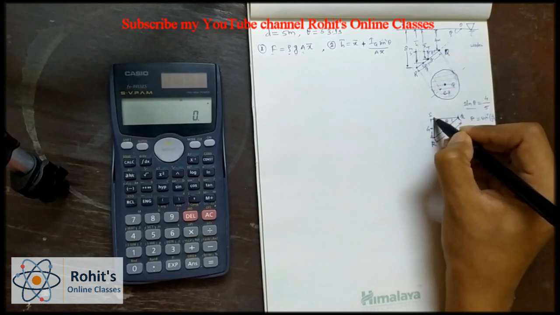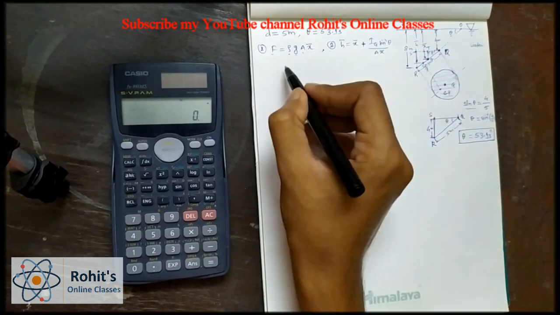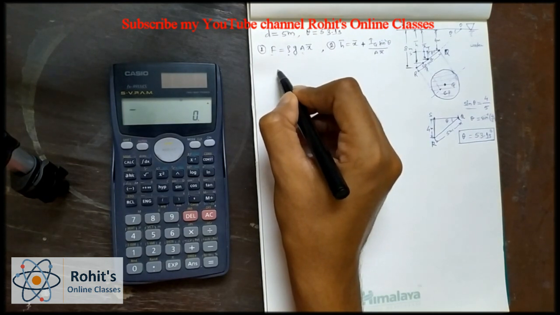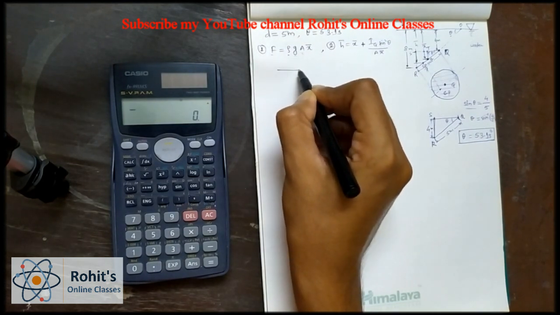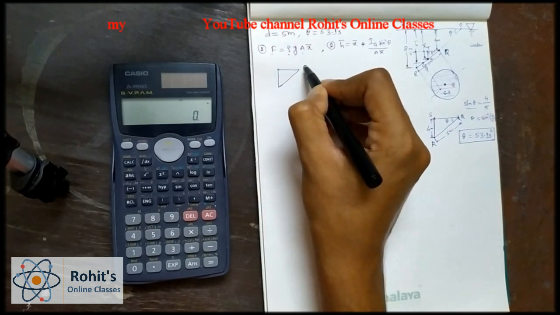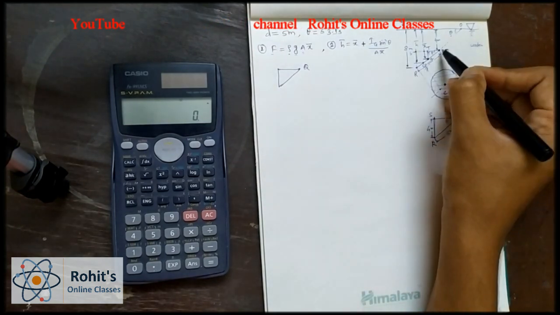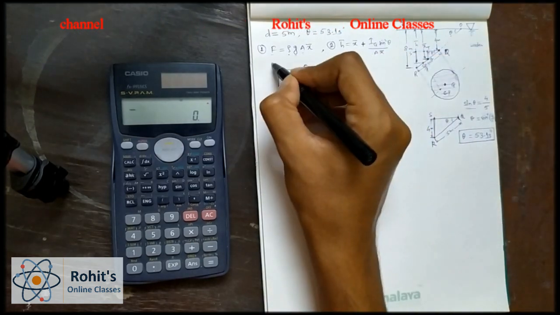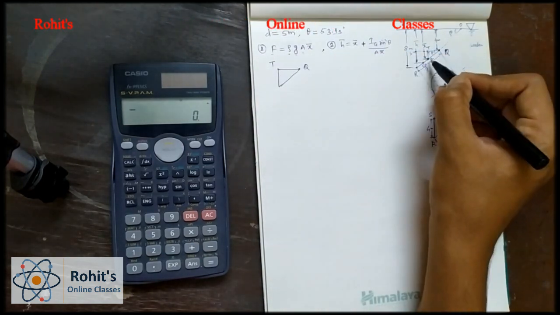And in between these two we have another triangle, so a triangle in a triangle is the situation over here. So this is our Q point, this point is our T point.